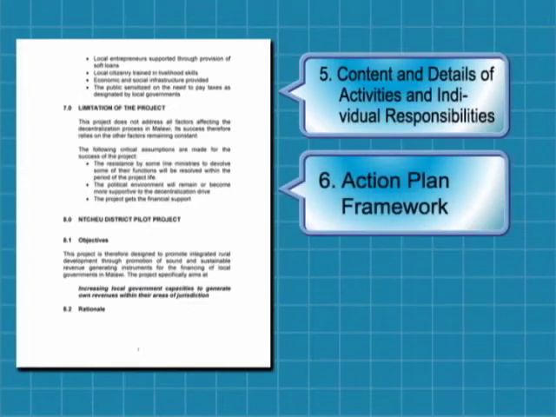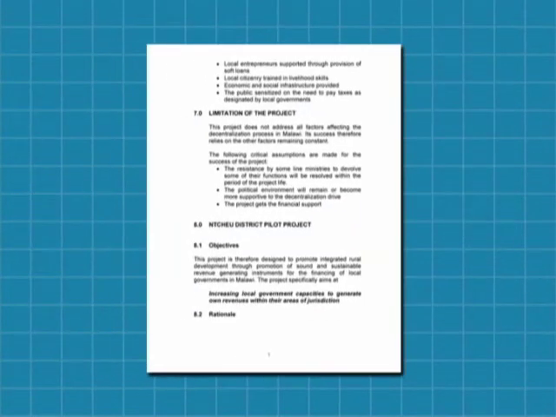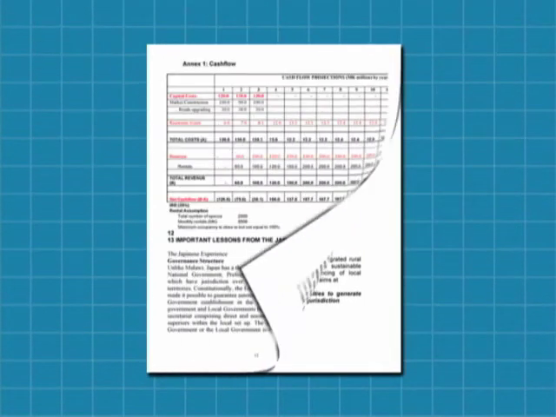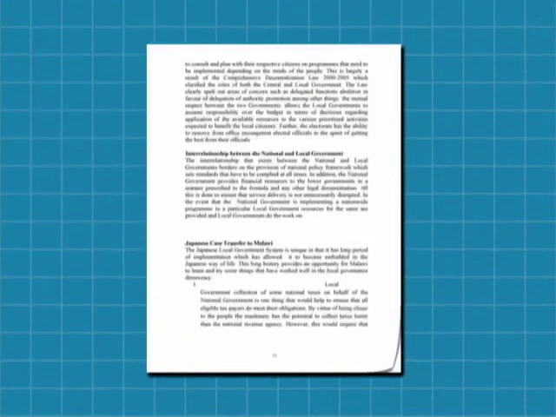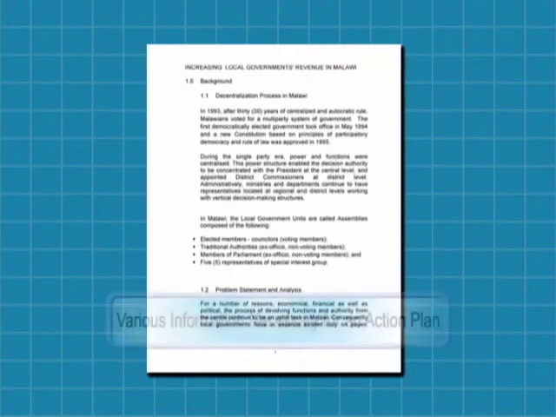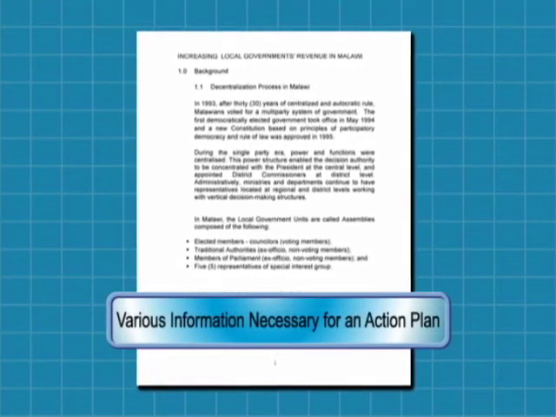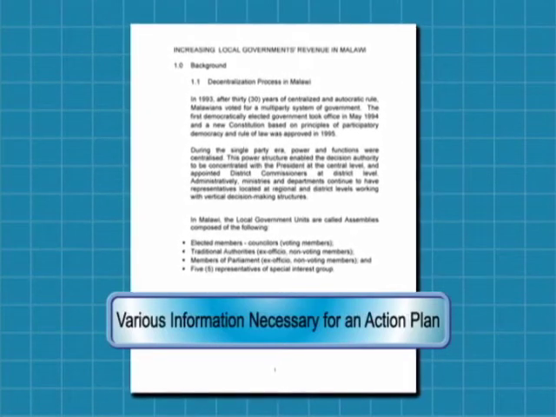Action plan framework. An explanation about the assumed project site follows, and the summary comes in the end. In this way, they created the action plan describing all the various information necessary for an action plan.